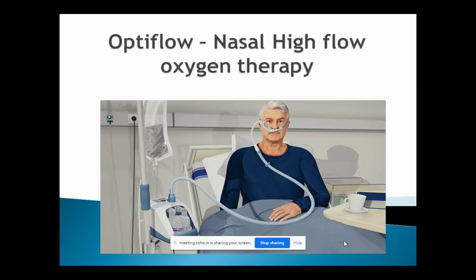I am not talking about any particular company here because I'm not recommending anything, but the only one I have used in my clinical experience is Fisher-Paykel, because they're one of the pioneer manufacturers of these devices. What you're seeing in the picture is called AirVo2, one of the devices which can give OptiFlow, nasal high flow oxygen therapy.